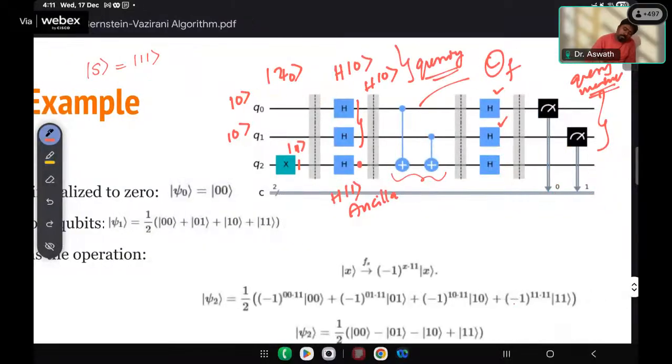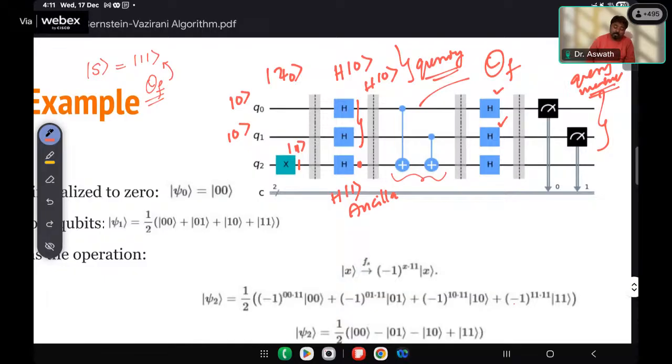The oracle function used here is two CNOT gates, one from Q0 to the ancilla, another from Q1 to the ancilla. Based on that, the oracle function is defined. Our oracle function itself will bring that shift function. Remember, the oracle function keeps changing depending on the shift.